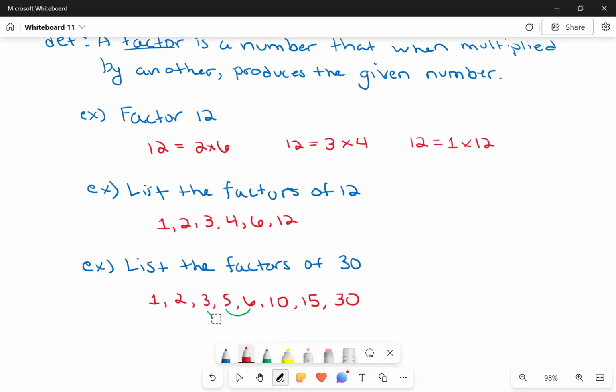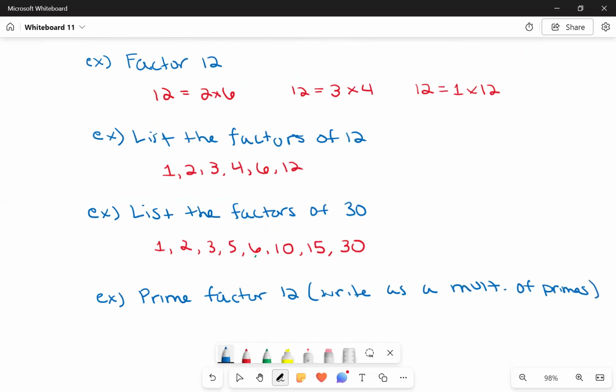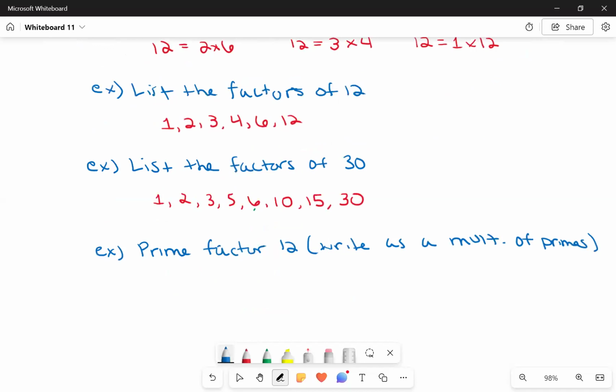Now, the factors that we tend to be more interested in are prime factors. If I asked you to prime factor 12, I'm asking you to write it as a multiplication of primes. We know that 12 is 3 times 4, or 2 times 6, however you want to think about that.